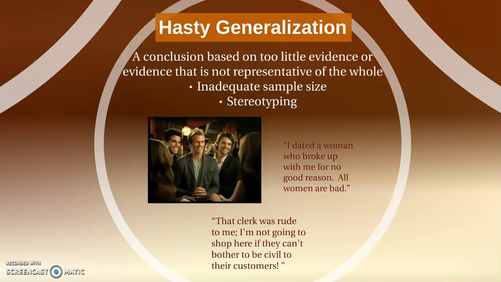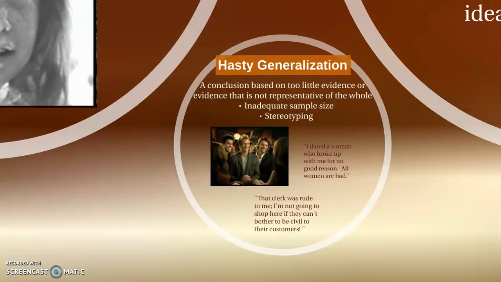So saying something like, all millennials are lazy just because maybe you've met 2 millennials and you think that they're lazy, that's a hasty generalization. It's a fallacy. It's not a piece of strong evidence. So this is a video ad that also illustrates this concept.